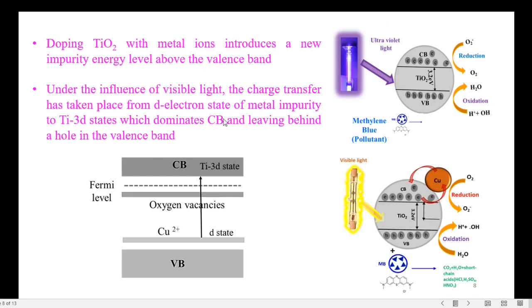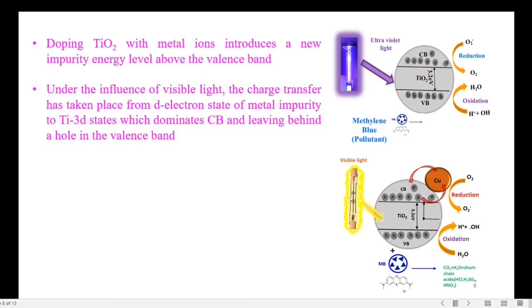This is the continuation of the previous slide. That is, doping TiO2 with metal ions introduces a new impurity energy level above the valence band. Under the influence of visible light, the charge transfer takes place from the d electron state of the metal impurity to the Ti3d states, which dominate the conduction band, leaving behind a hole in the valence band.